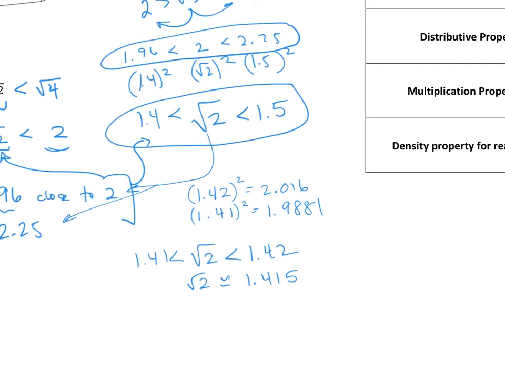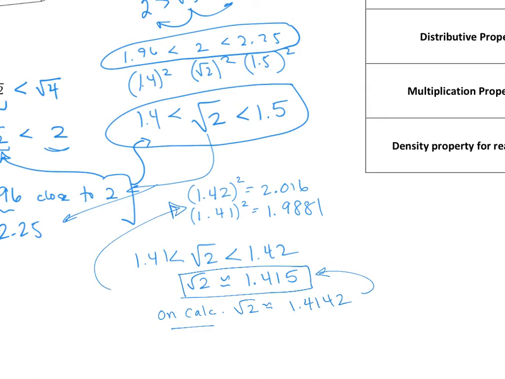Now on a calculator, radical 2 will be approximately 1.4142. So that's a pretty close estimate using this squeezing idea. And again, we're just testing out, and you can use your calculator to find some of these square numbers, but we want to try and find numbers that are getting us close to 2, which those are.